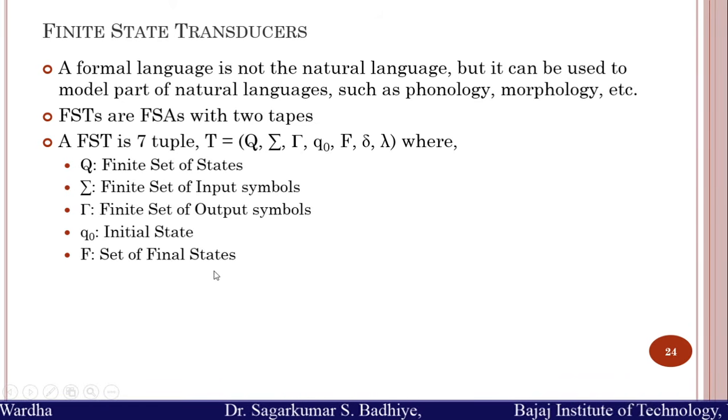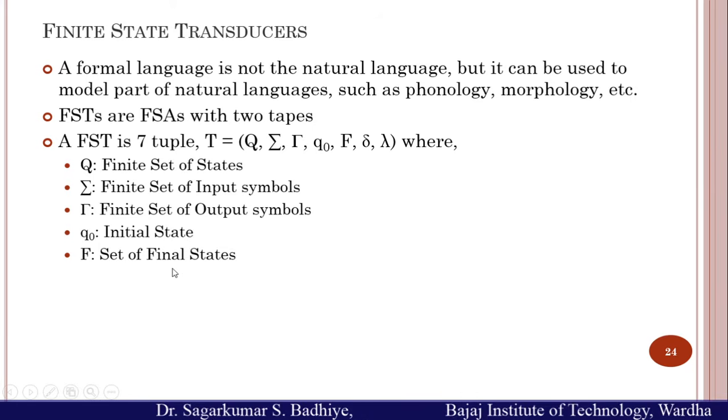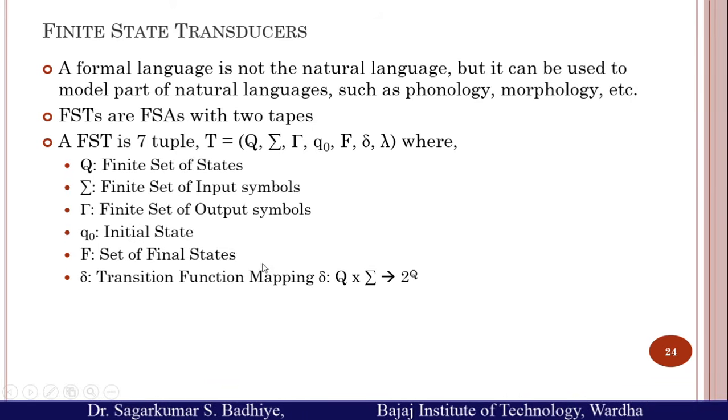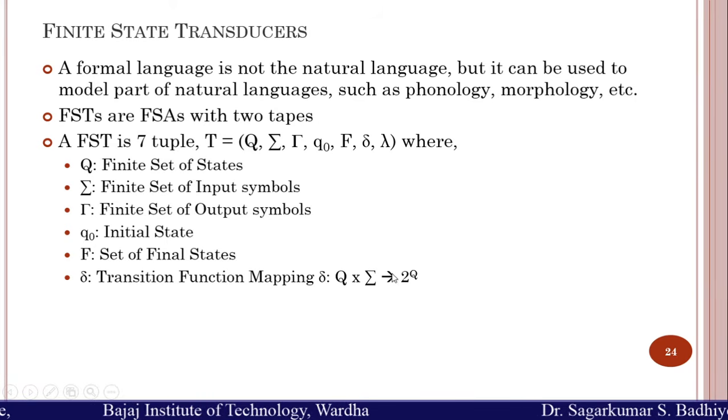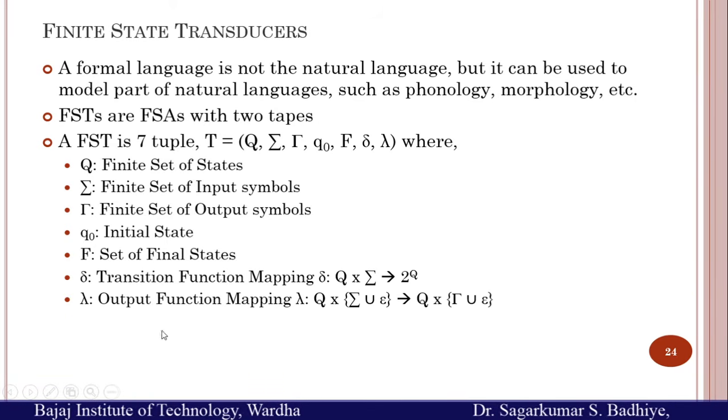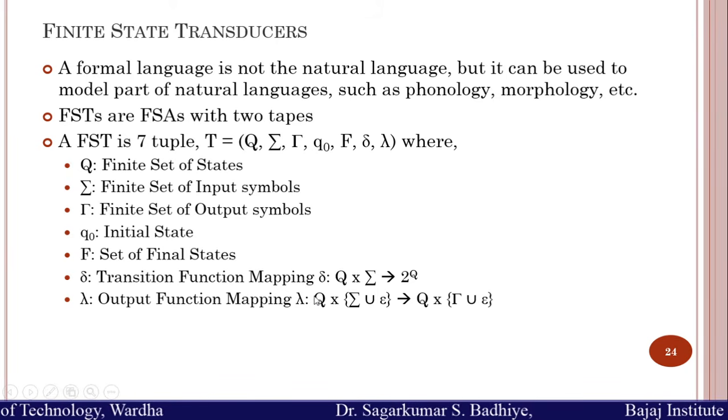Q0 is the initial state. F is a subset of Q, which is nothing but the set of final states. And delta, as we know, is the transition function mapping, given as Q cross sigma to 2 to the power Q, because these are non-deterministic finite automata. And lambda is the output function mapping, given as lambda: Q cross sigma union epsilon to Q cross gamma union epsilon.